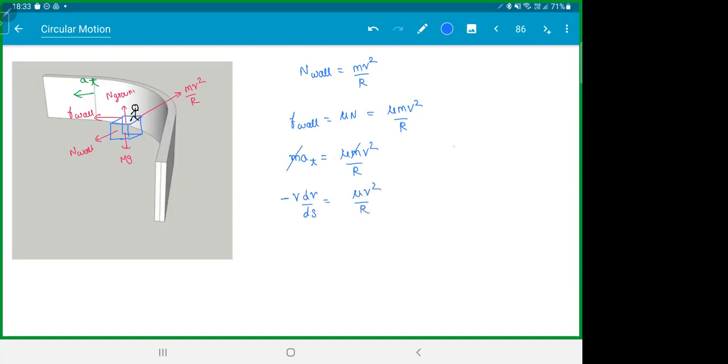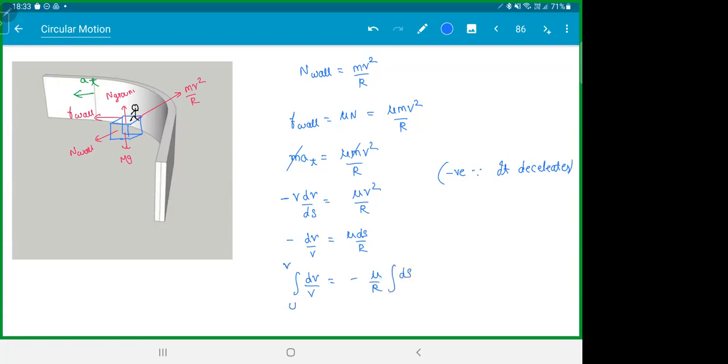Minus because it is decelerating. If a and v are in the opposite direction, you always get a minus sign. Minus dv by dt, minus v dv by ds. One v will cancel. You end up with minus dv by v is equal to mu ds by r. Integrate on both sides. dv by v is equal to minus mu by r integral ds.